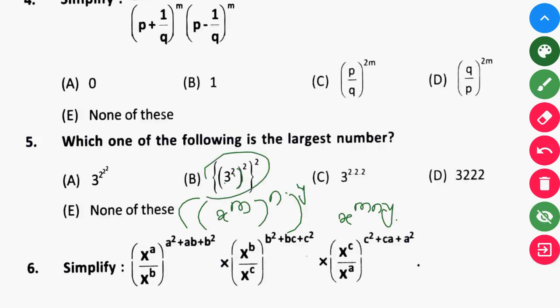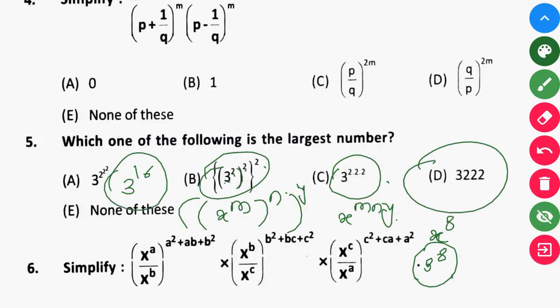So if we consider the second problem, 3 raised to 2 into 2 into 2, only 3 times, it becomes 2 2s are 4, 4 2s are 8. Means x raised to 8, means 3 raised to 8. So 3 multiplied 8 times, while this becomes 3 multiplied 16 times. The other, 3 raised to 2 into 2 into 2, is also the same, 3 raised to 8. So this number is obviously smaller than 3 raised to 16, so our answer is 3 raised to 16.